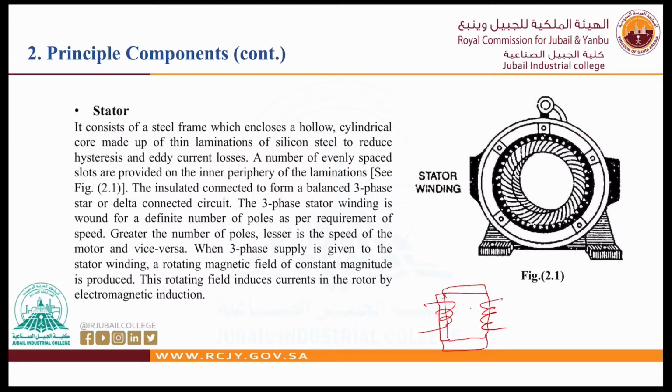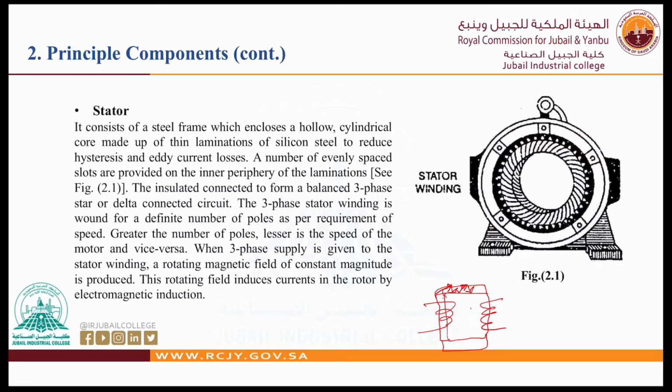If we have a magnetic core like this that is not laminated sheets, we will have thick metal, then the current will go like this. The direction of the current will not be organized, and this will cause heat in the transformer, and this is a big issue because we will have losses.